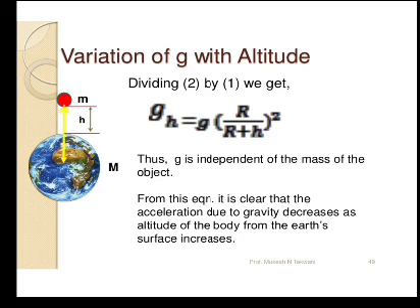It is related to the radius of Earth and height from the surface as shown in this equation. Thus g is independent of the mass of the object. From this equation it is clear that the acceleration due to gravity decreases as altitude, that means height, of the body from the Earth's surface increases.